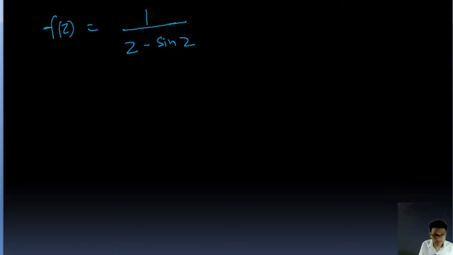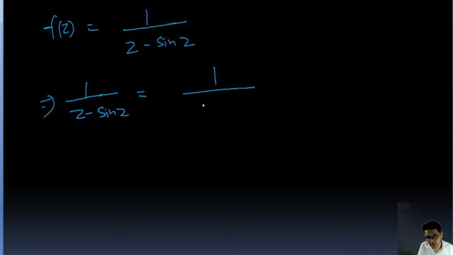Now this is the one, right? Or we can write, this implies 1 upon z minus sin z. This we can write like this. Okay, we can expand sin z. So z minus, and sin z we know how to open it, right?